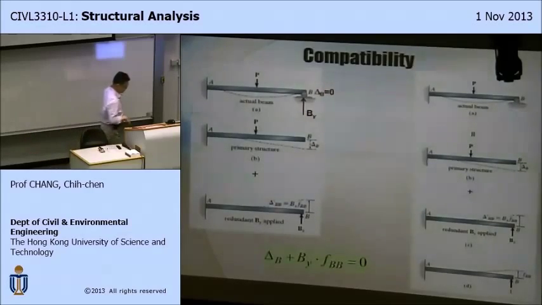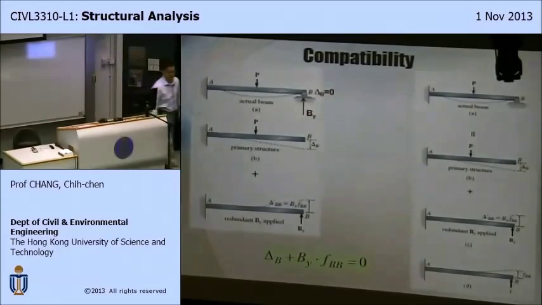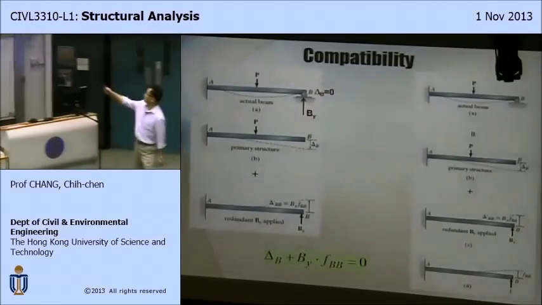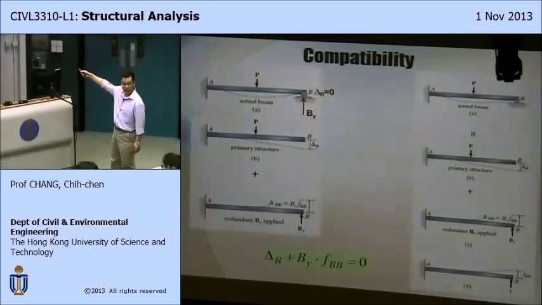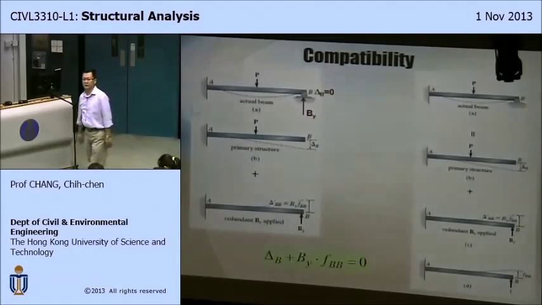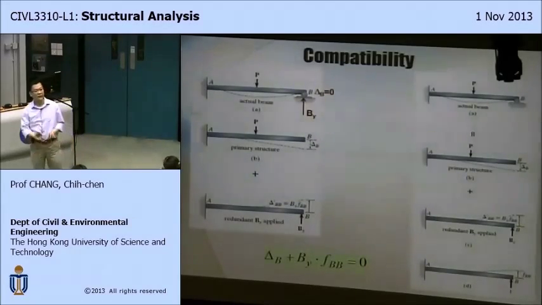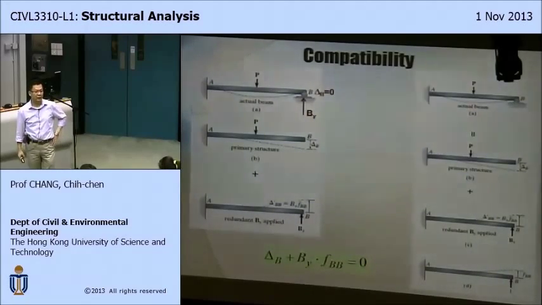Okay, where are we? So here, you can utilize all the methods that we introduced before: direct integration, moment area, conjugate beams, and more sophisticated energy principles, virtual principles, Castigliano's theorem.